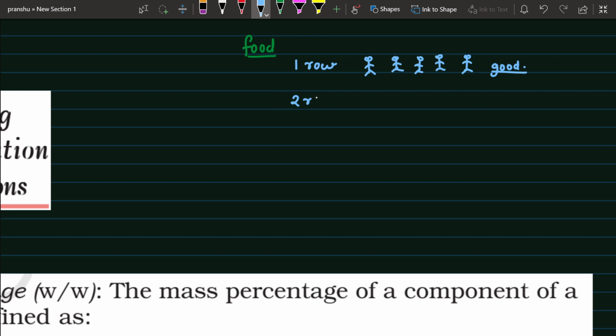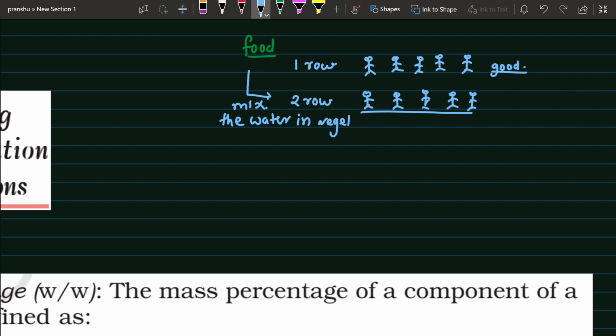Now in the second row, in the absence of food, what does the chef do? He mixes water in the vegetable.